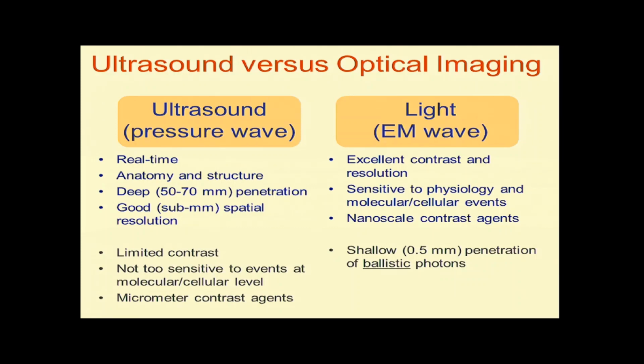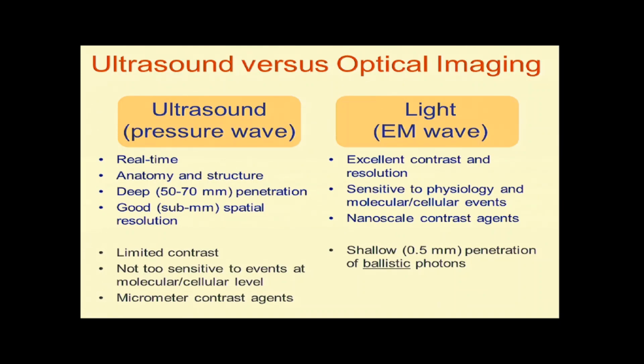What we cannot do in ultrasound is contrast is hugely limited. It's practically related to anatomy and structure. We're not sensitive to the events at molecular level, cellular level, and our contrast agents on the micrometer scale, which means they're primarily going to remain in vasculature and barely interact with the tissue otherwise. When I go to light or electromagnetic wave imaging, I see excellent contrast and resolution.